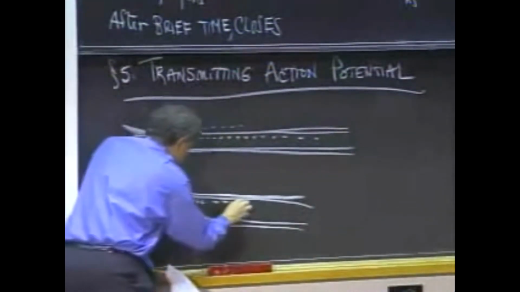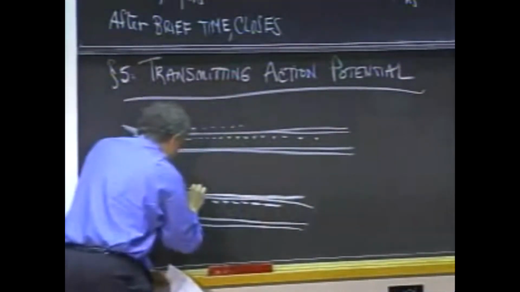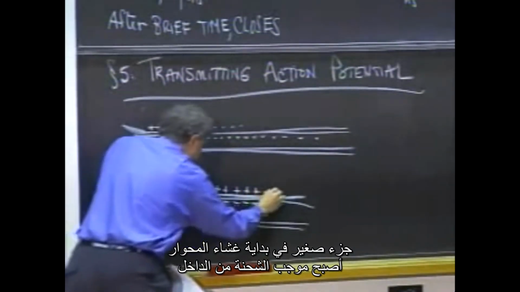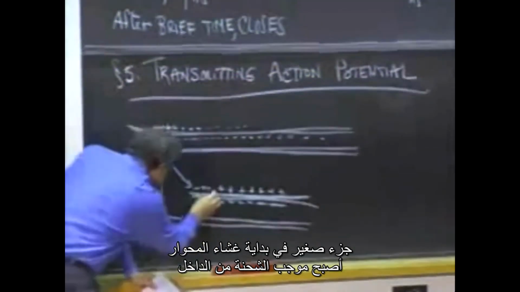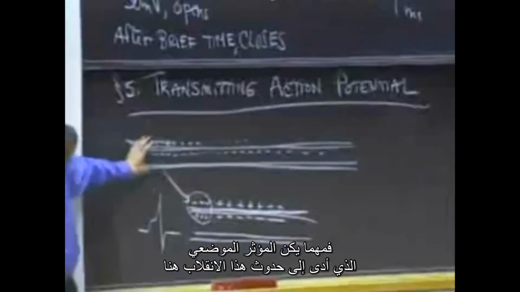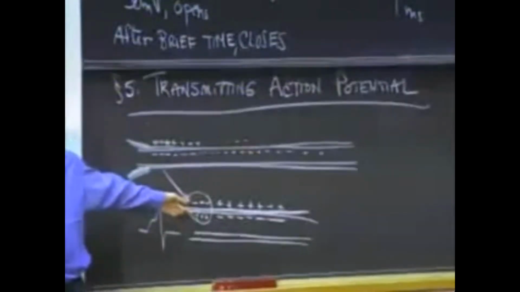Now some little patch of membrane at the beginning of the axon has become positive inside, right? Because whatever local effect here caused this to flip.